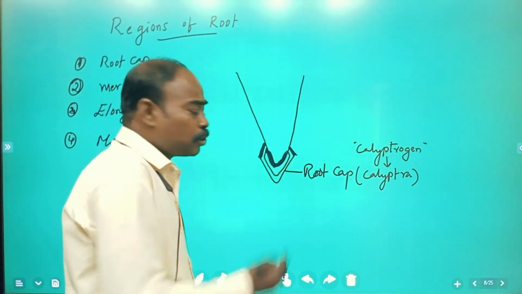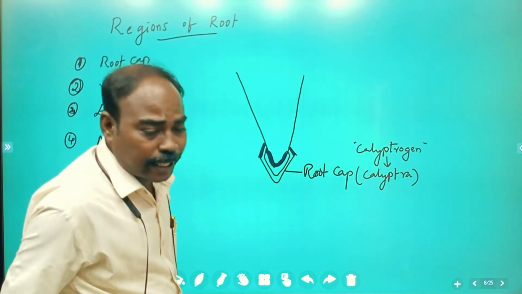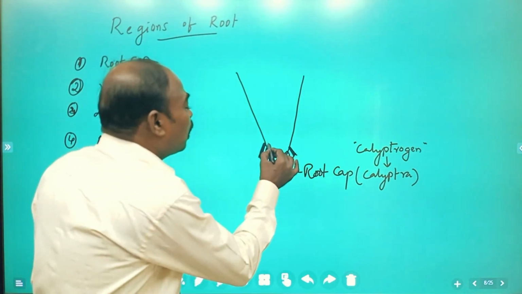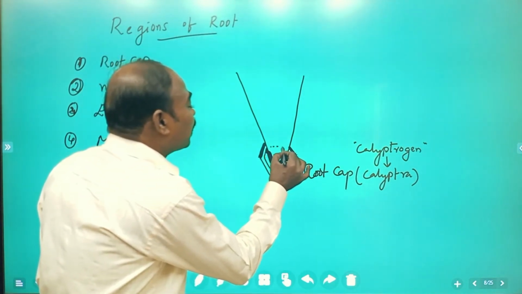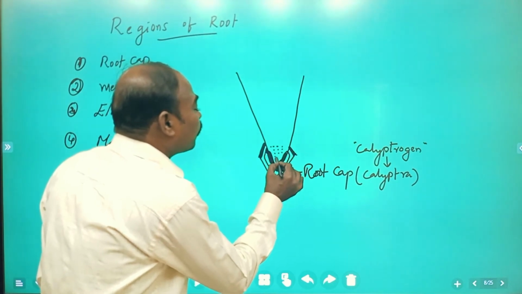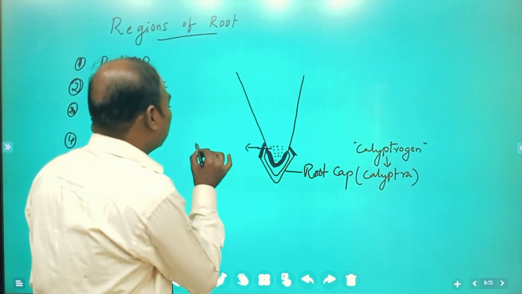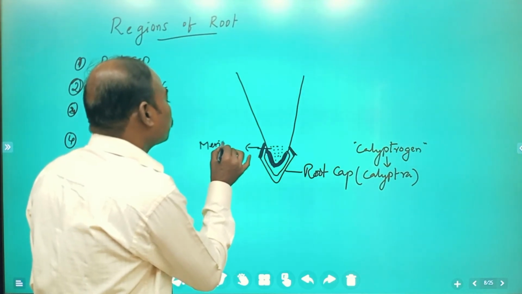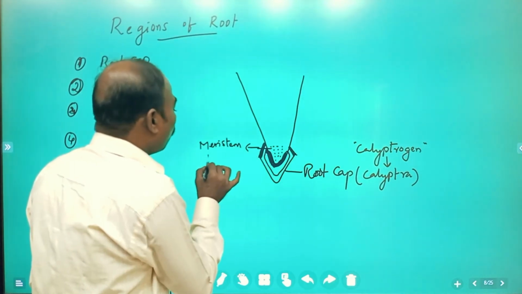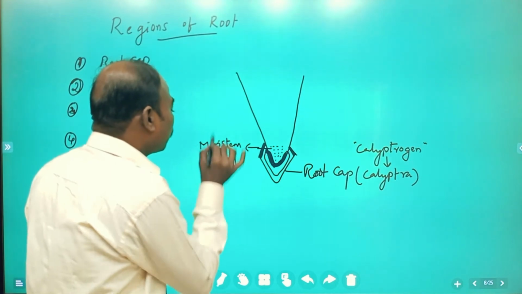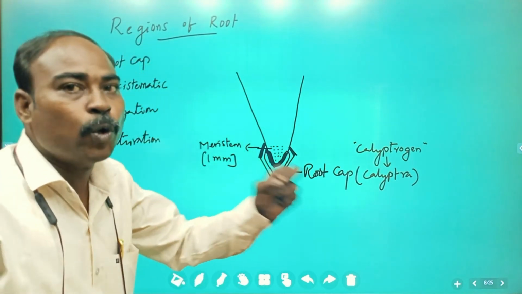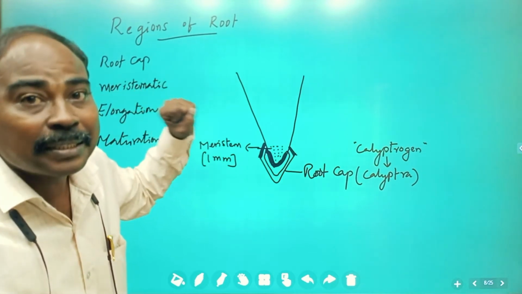In the root apex, just above the calyptrogen, for a length of a few millimeters, the cells present are called meristems. One millimeter or a few millimeters, or a few inches, the cells are present at the tips.